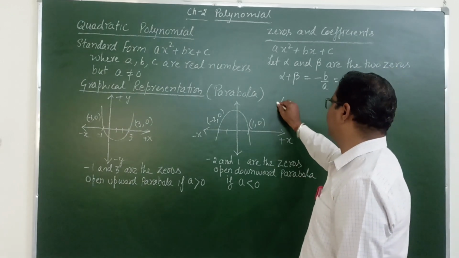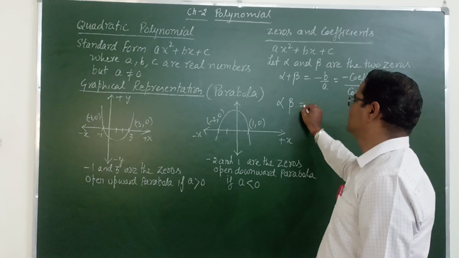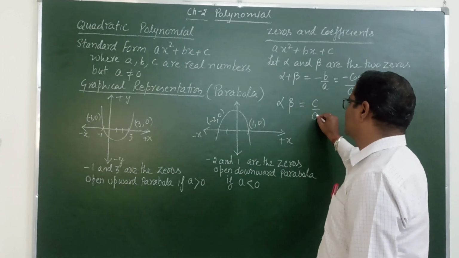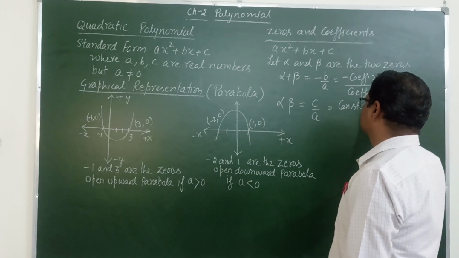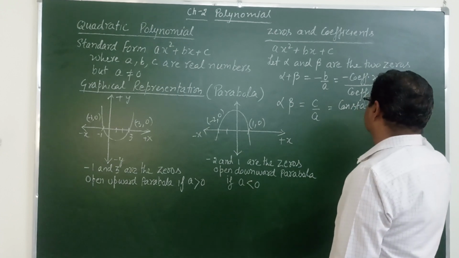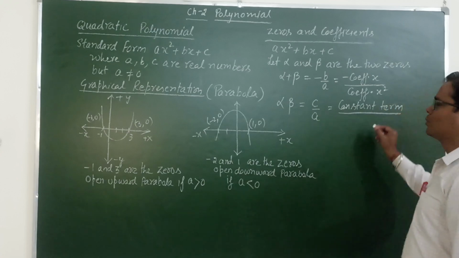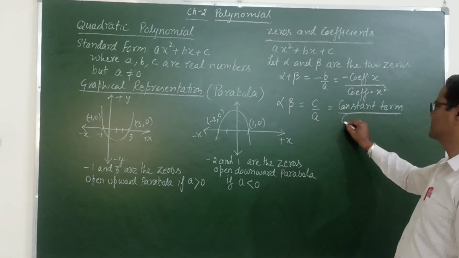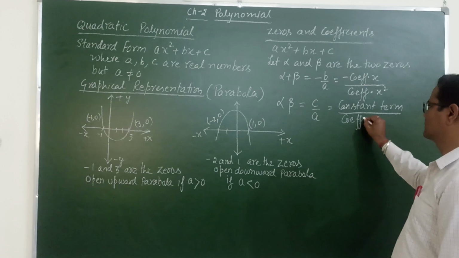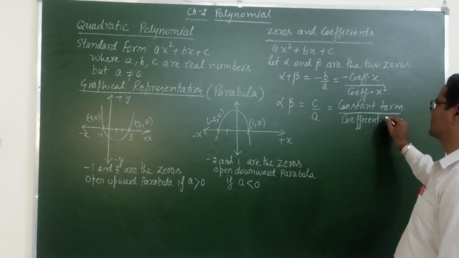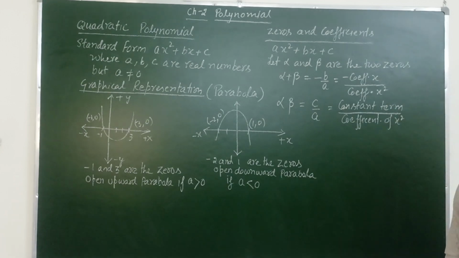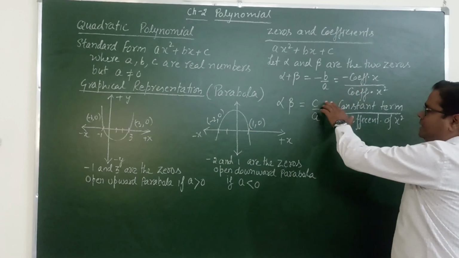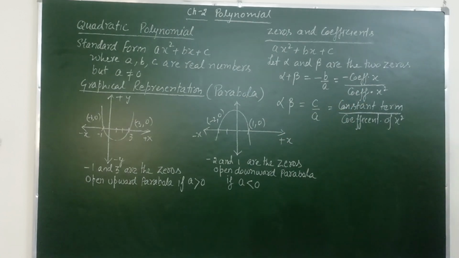If we multiply them, alpha into beta, it is c upon a, the constant term upon the coefficient of x square. So this is the relationship between zeros and the quadratic polynomial. Sum of zeros is minus b upon a and product of zeros is c upon a.